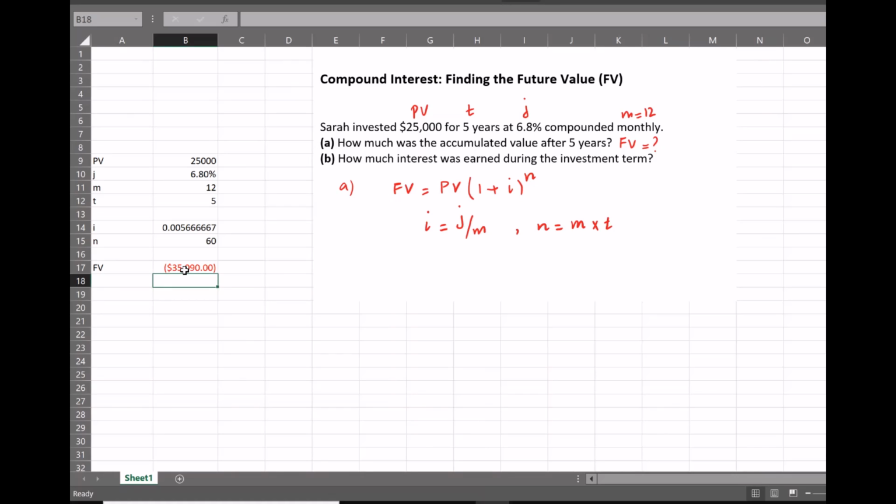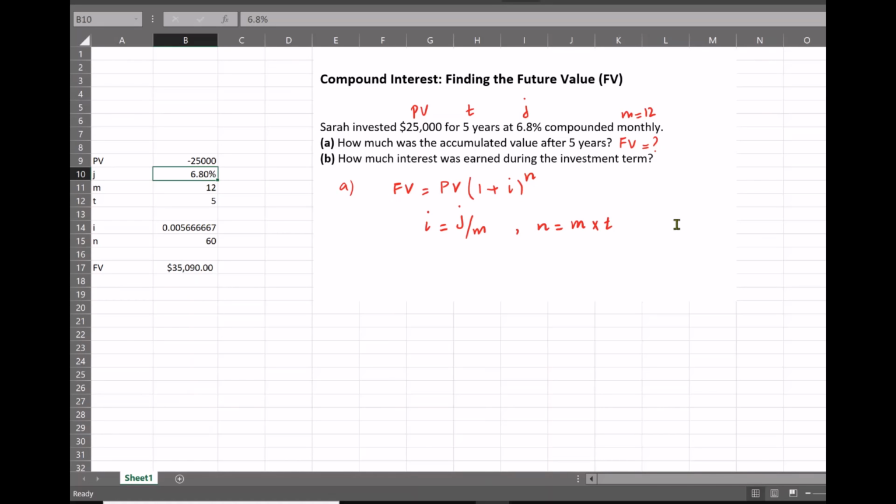Okay, if it's confusing, you can just use the absolute value of these two numbers. 25,000 is invested, and after 5 years it grows to 35,090, right? But if you want to follow the cash inflow, cash outflow convention, then for the investment we use a negative number because that's considered cash outflow. If you input this negative number, then the future value is given as cash inflow, and that's a positive number. Okay, so that's that.